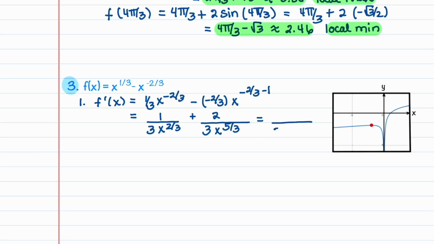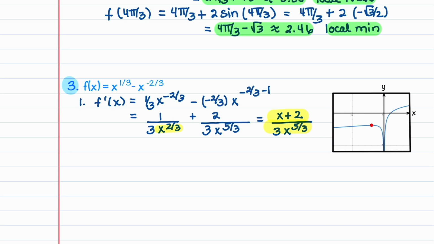That is going to be 3x to the 5/3. We need to multiply this term by x to make it x to the 5/3, so we have to multiply by an x up on top. So this is just x plus 2 in our numerator. Let's go ahead and highlight this because this is our derivative.